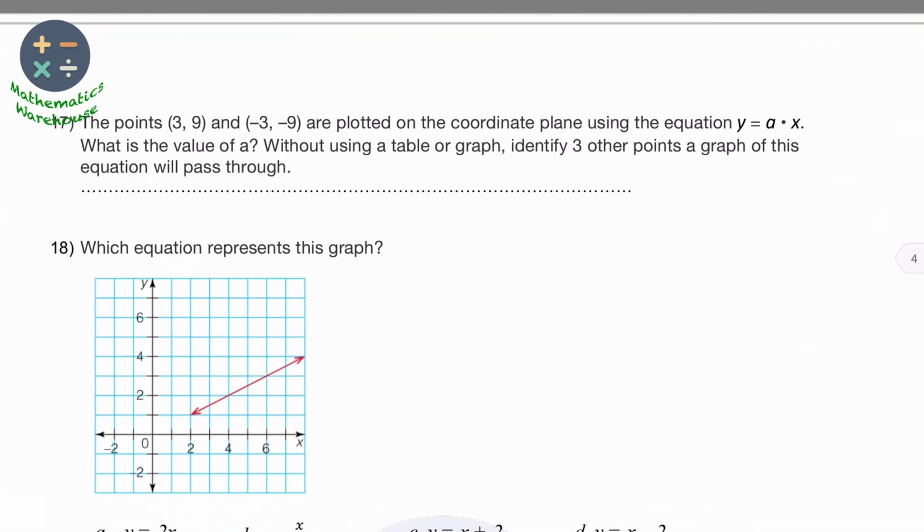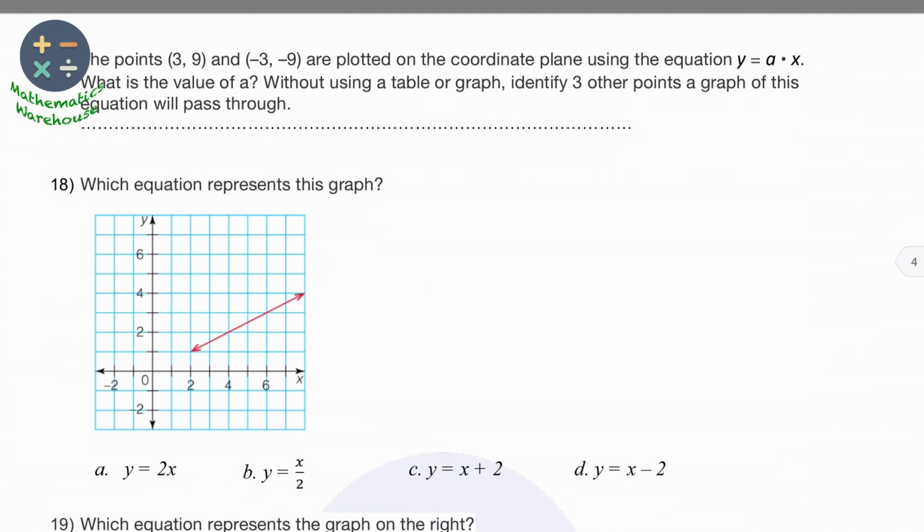Next question. The points (3, 9) and (-3, 9) are plotted on the coordinate plane using the equation y equals ax. What is the value of a? Without using a table or graph, identify 3 other points a graph of this equation will pass through.